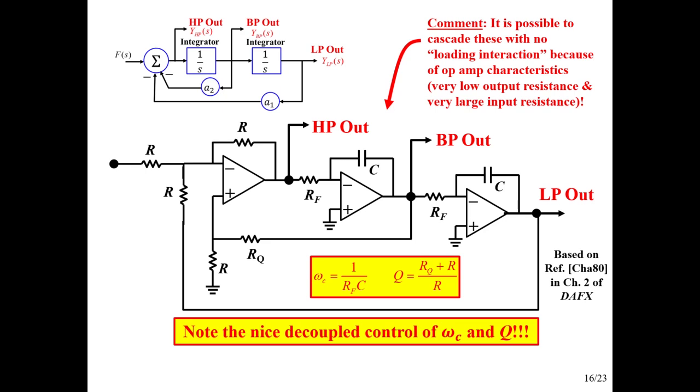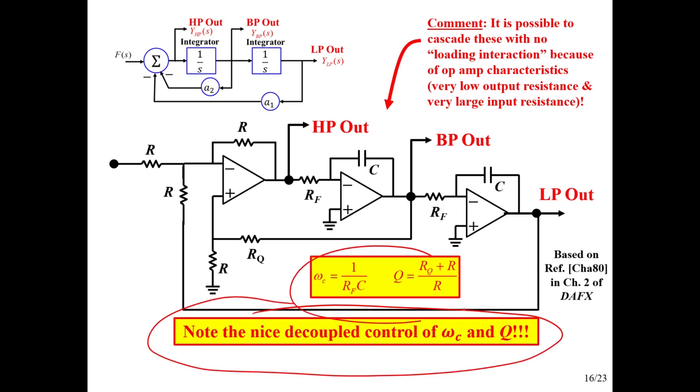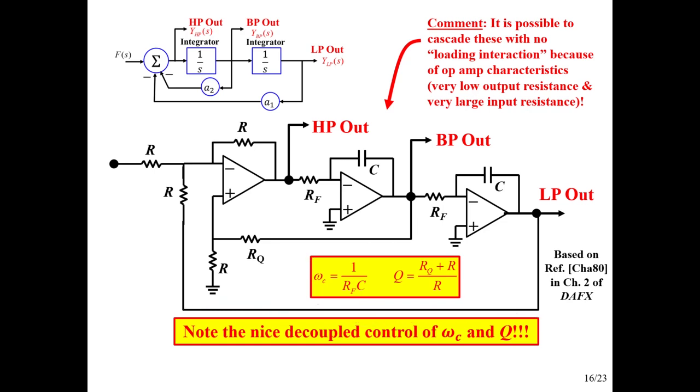And then here's the big thing. We get this nice decoupled control. Two resistors. Or in the old synthesizers, they actually used voltage-controlled resistors here, so that you could use a voltage from someplace else, like an oscillator that would wiggle the Q around or wiggle the cutoff frequency around.